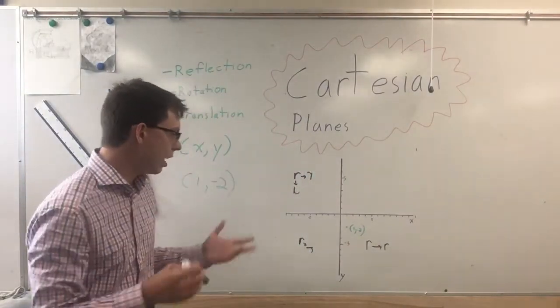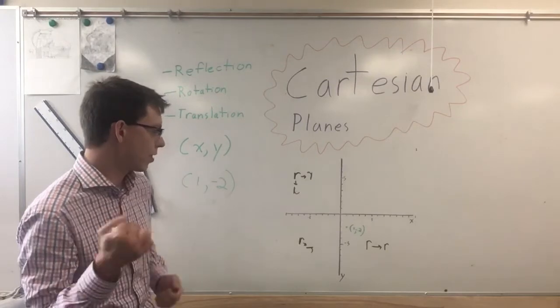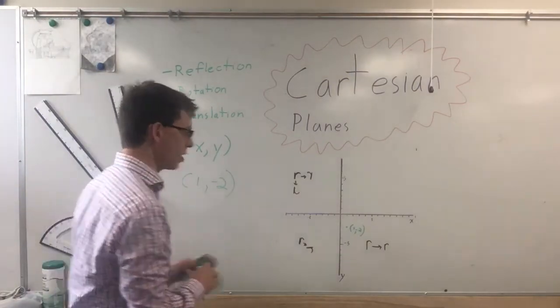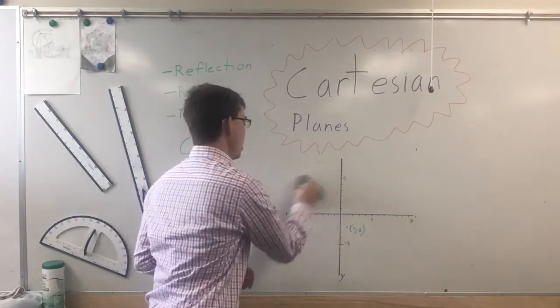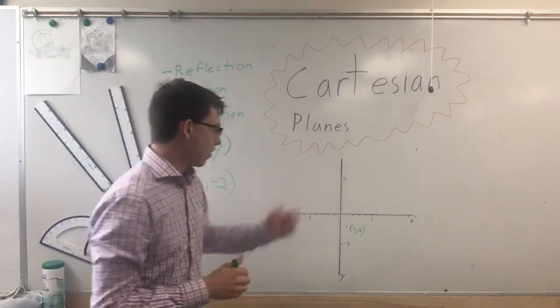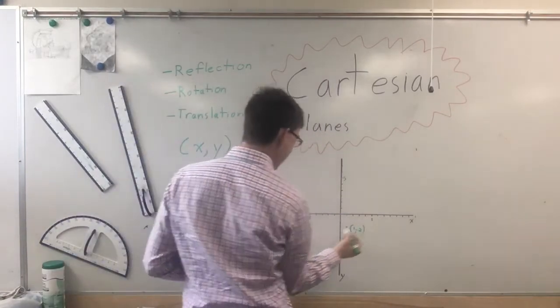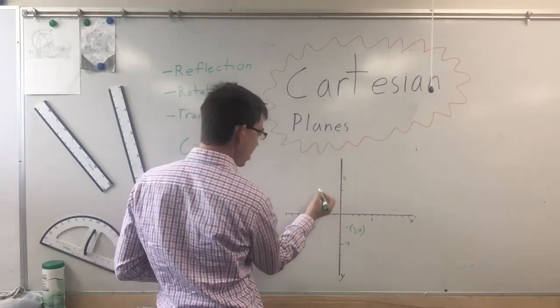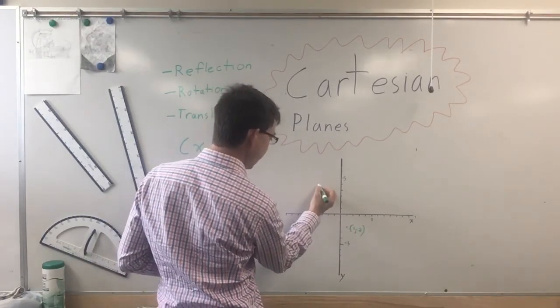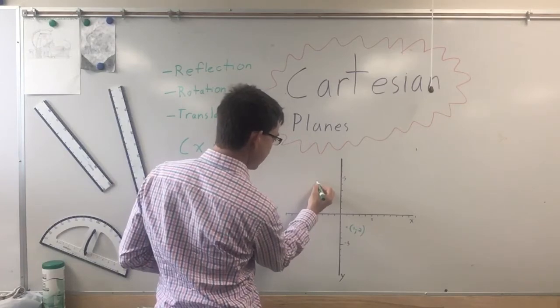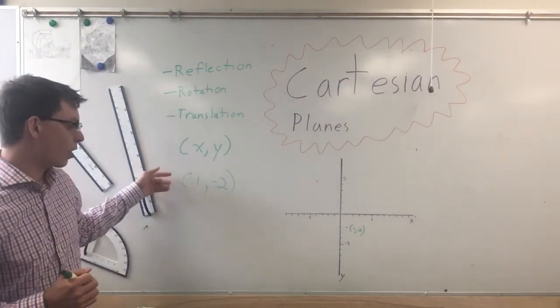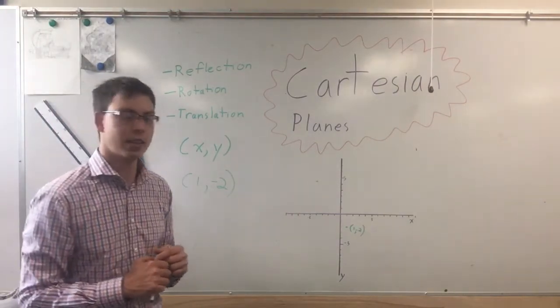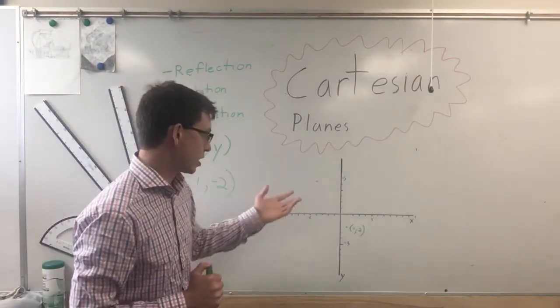If, for example, you are given a point, I'm going to get rid of these just to make it simpler. If you're given a point, say right here, and you want to know how to write the coordinates or location of that, this is what you do.